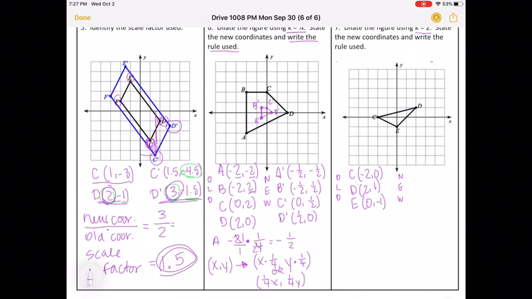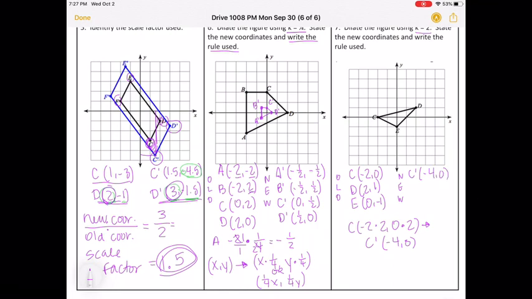Okay, now if I'm finding my new coordinates, we are multiplying each of them by 2, so this is much easier. So like C, I'm going to do -2 times 2, and I'm going to do 0 times 2, which then gives me C prime as being -4 and 0. Okay.